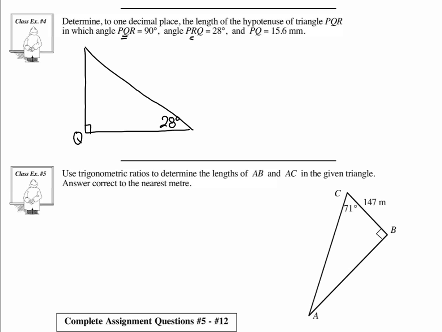So we're going to put R here. And side PQ, so the P has to go on the top. And side PQ is 15.6 millimeters. Determine to one decimal place the length of the hypotenuse, which is which side? PR. What do you want to call that? We could call it H. We can call it X. We can call it whatever we want.